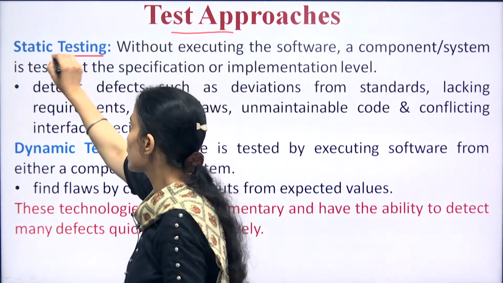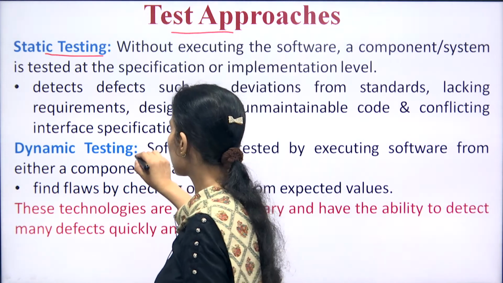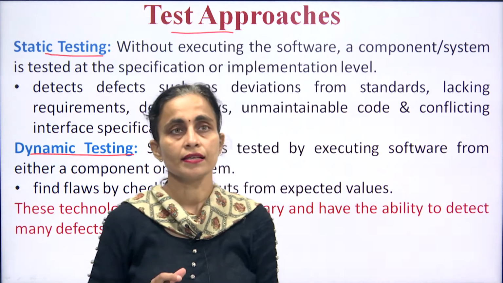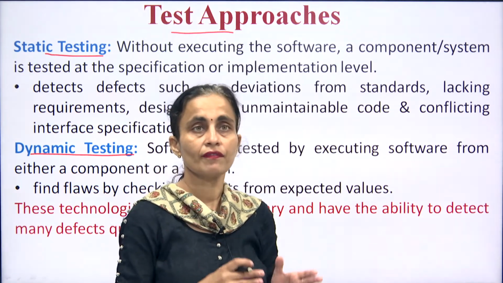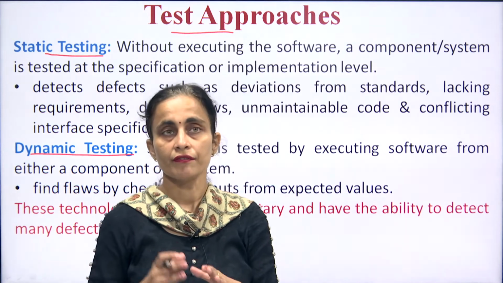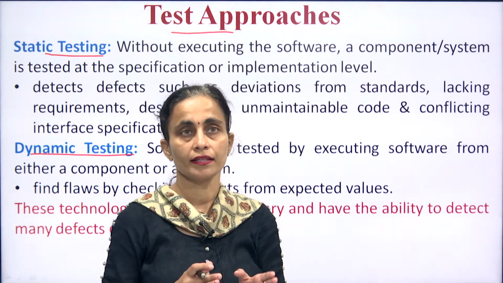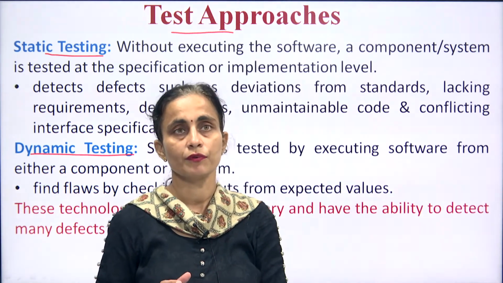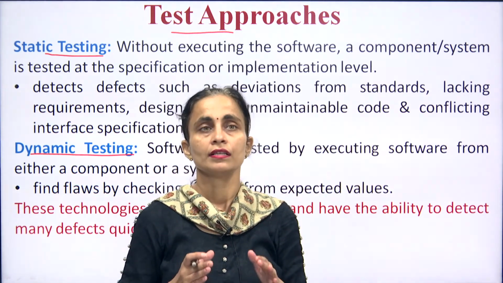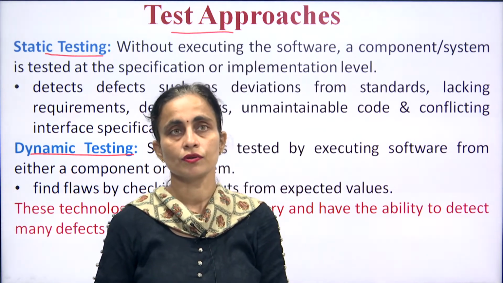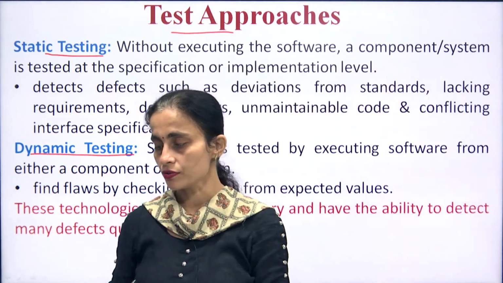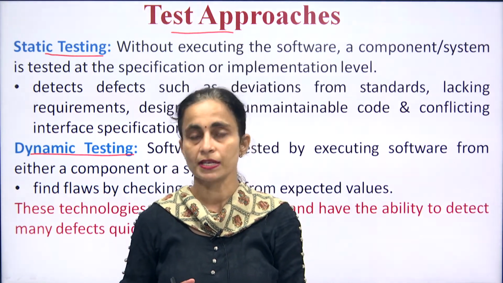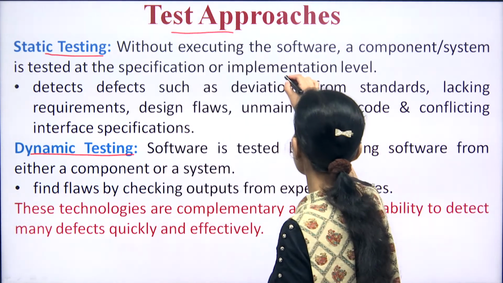One of them is static testing, that we have discussed in the previous lecture, and the second type is dynamic testing. Static testing is testing without executing the software. Everything, like the SRS, the code, the various test cases, is kept on the table and tested for the chances of errors. Without executing the software, a component or the entire system is tested at the specification or implementation level.